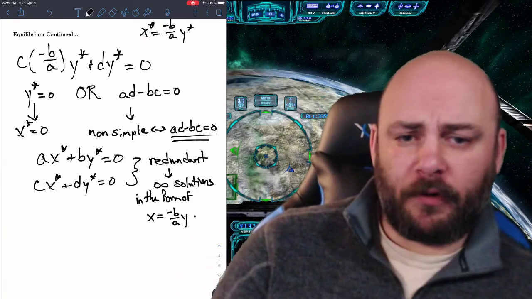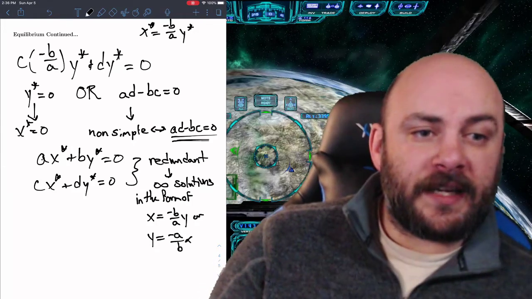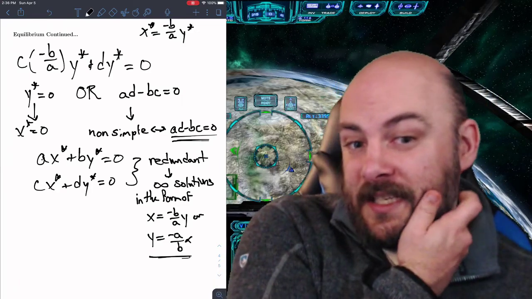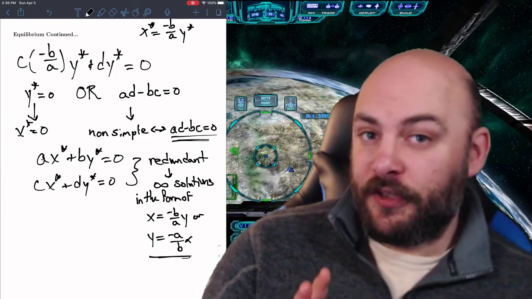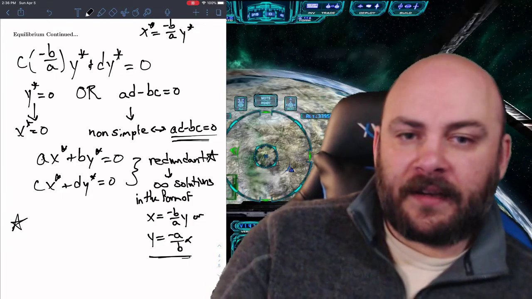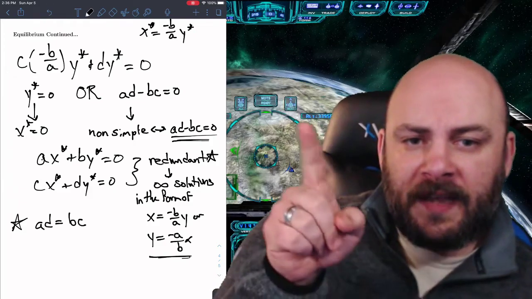My line would be in the form x equals negative b over a y, or, if you're more comfortable, y equals negative a over b x. That's a straight line that passes through the origin. So you can see that even if you have an infinite number of solutions, the trivial solution is still in there.